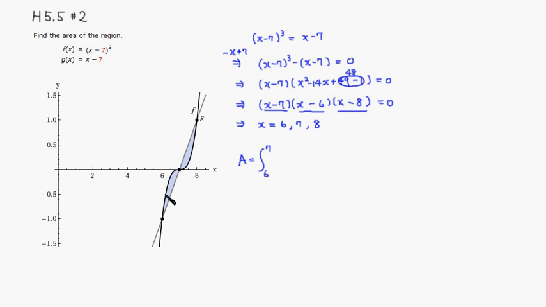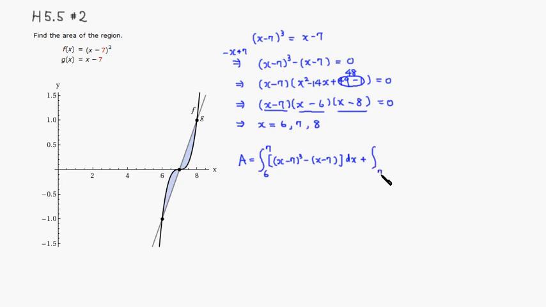The top curve is this cubic function, so it's going to be the quantity (x - 7) cubed minus (x - 7) dx.